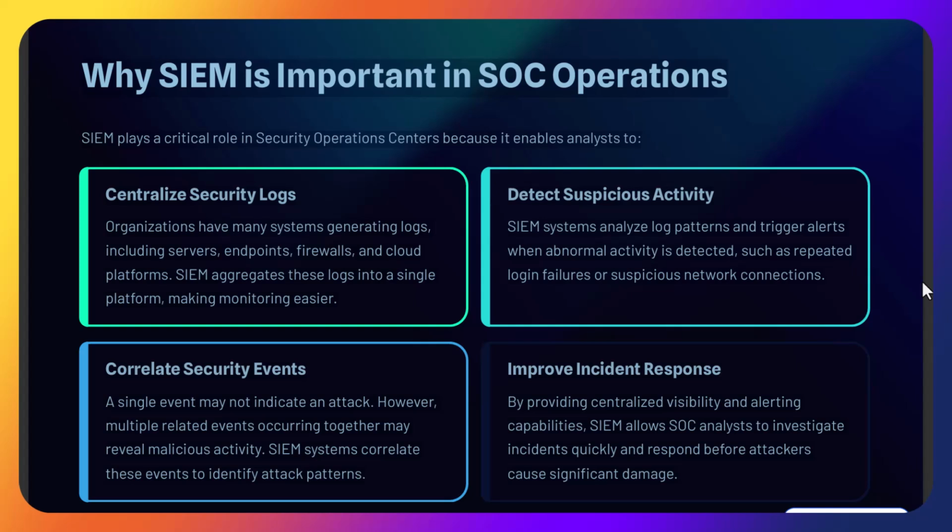An alert is a notification sent to a SOC analyst indicating that something unusual has occurred and needs investigation. Examples of suspicious activities include repeated login failures, suspicious network connections, unauthorized system access, and improved incident response.